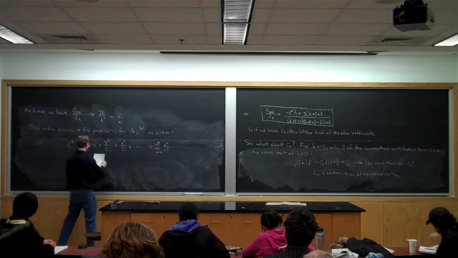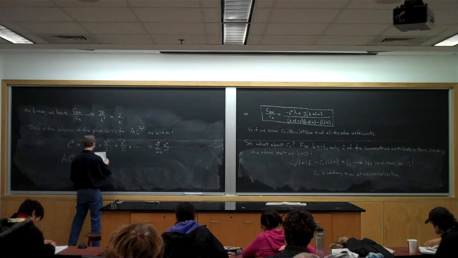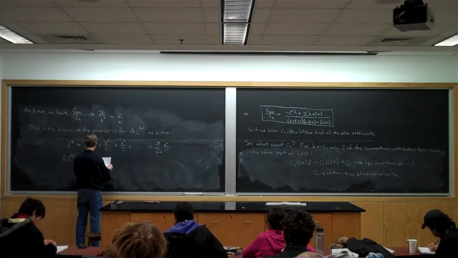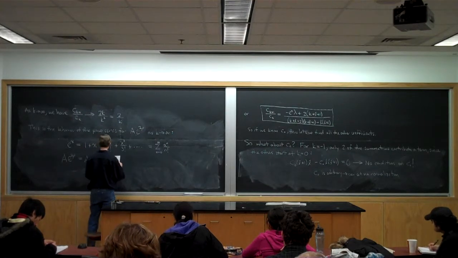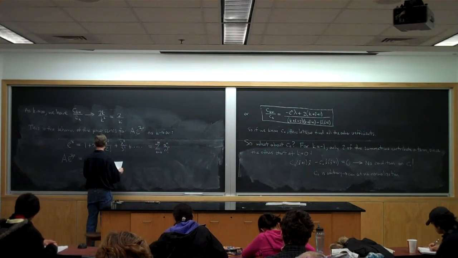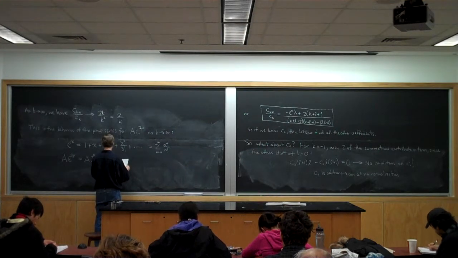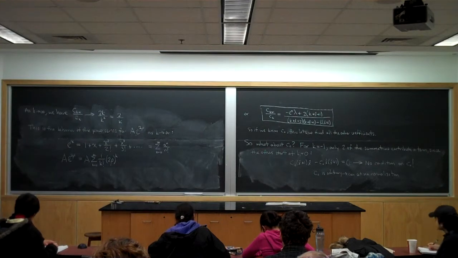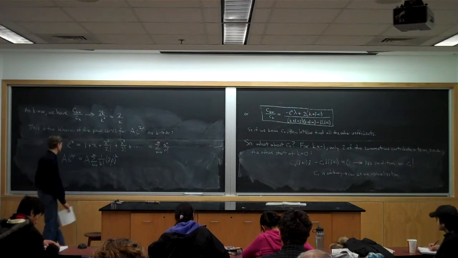So e to the 2 rho times a would be a times the sum from k equals 0 to infinity of 1 over k factorial times 2 rho to the k. I'm just using k as my summation index there, and using 2 rho in place of x.